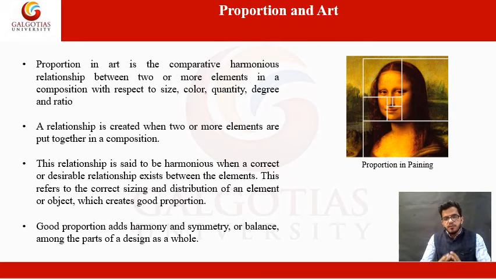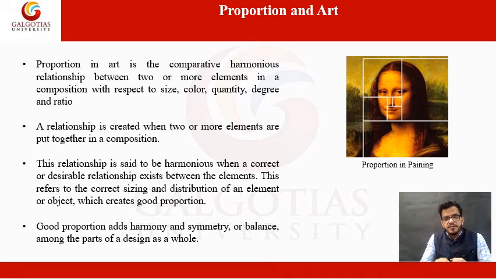Proportion in art is the comparative harmonious relationship between two or more elements in a composition with respect to their sizes, color, quantity, degree, or ratio. It is a relationship which is created when two or more elements are put together in a composition.